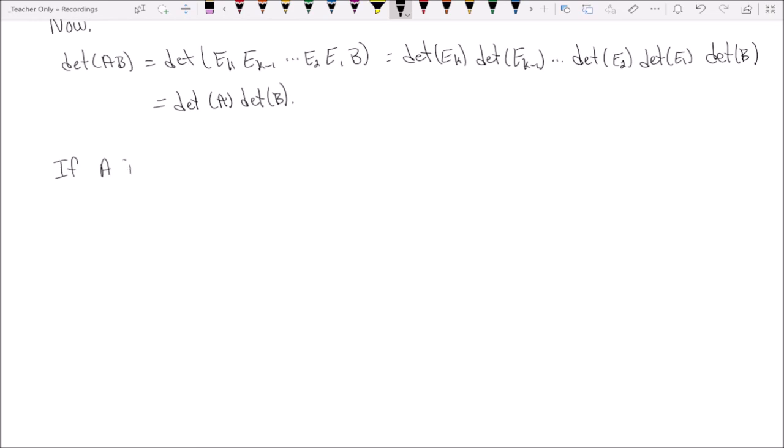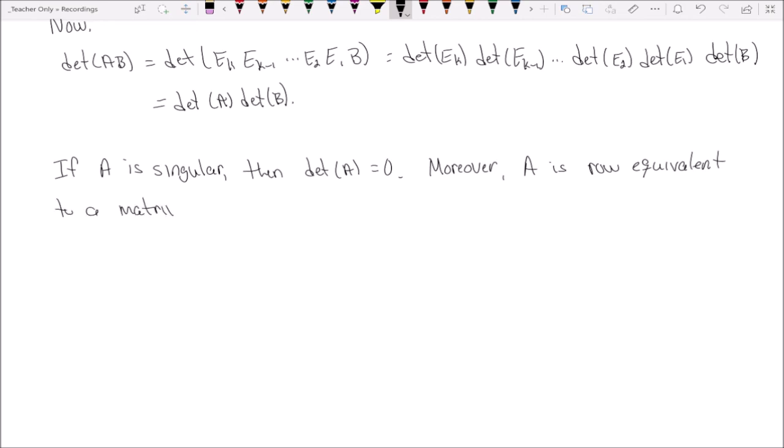If A is singular, though, then the determinant of A has to be 0. Right? That is by Theorem 5. Moreover, A is row equivalent to a matrix C that has a row of zeros.